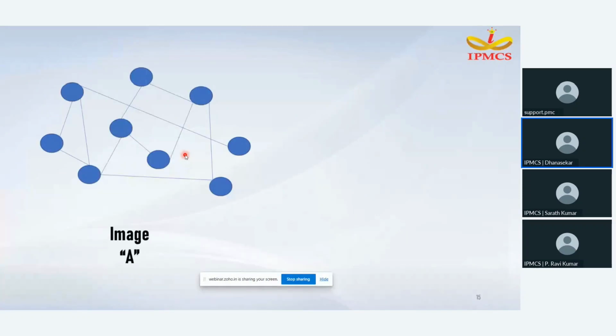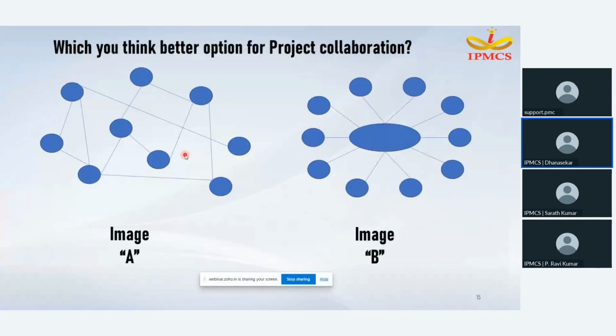Okay, so let me look into this image A, which has multiple tracks and scattered teams for information. Image B is where we load everything in one area and distribute as per the need. So maybe these are the two different options. Which one will be the right one to implement in the project?